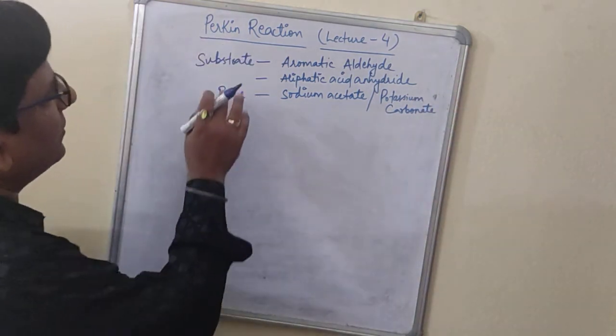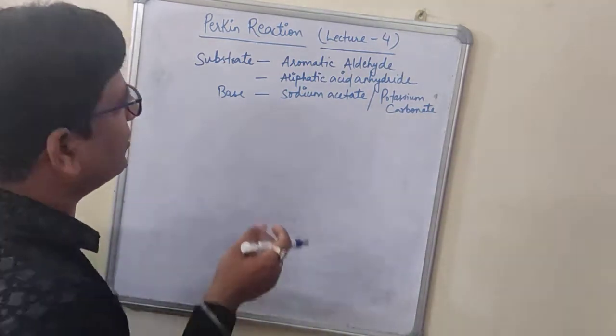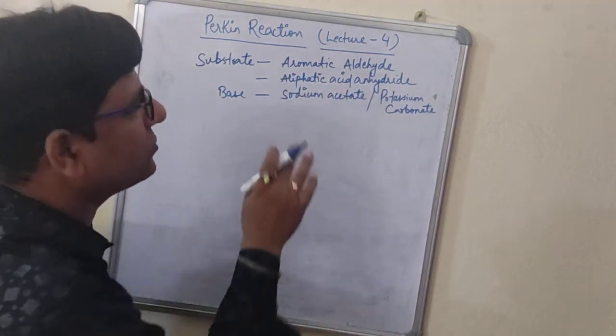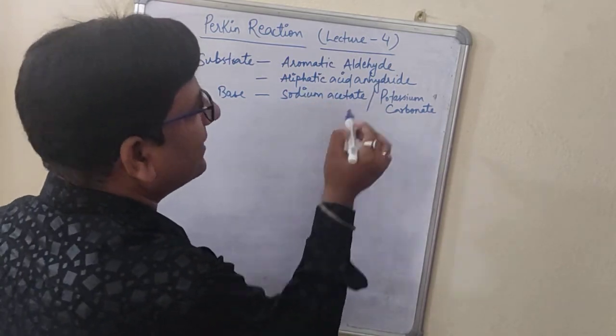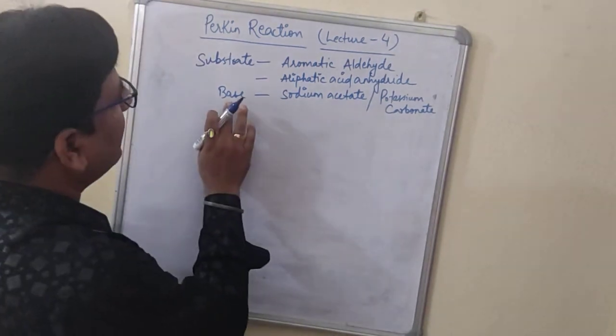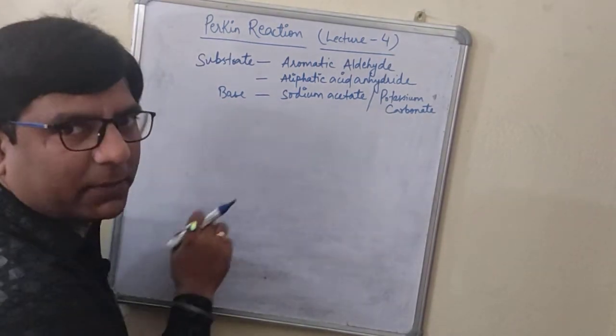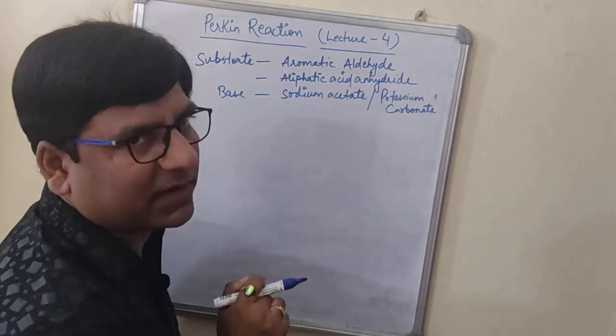So the reactants that are required are the aromatic aldehyde. You can choose any aromatic aldehyde. Then secondly, you have to take the aliphatic acid anhydride, means you can take acetic anhydride, and you have to do this reaction in the presence of a base. The base that you have to take is sodium acetate or potassium carbonate.